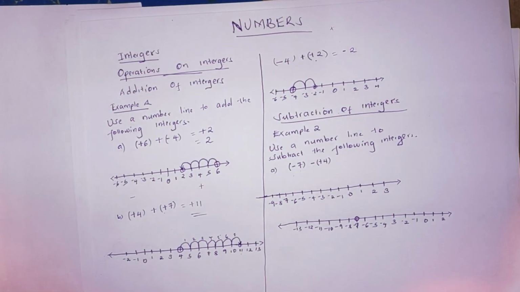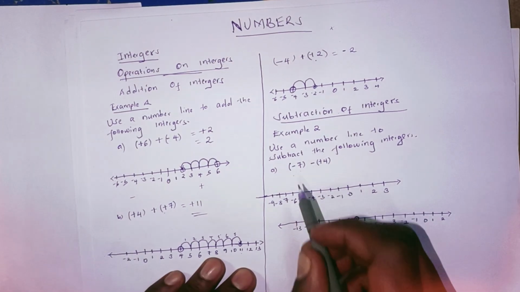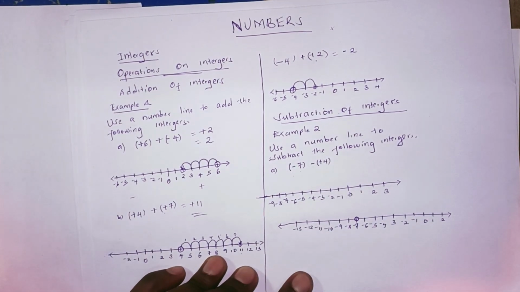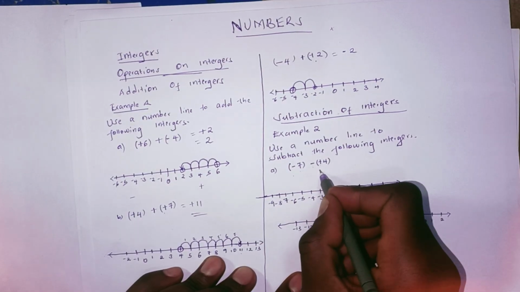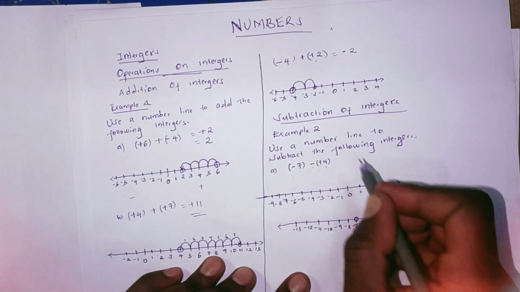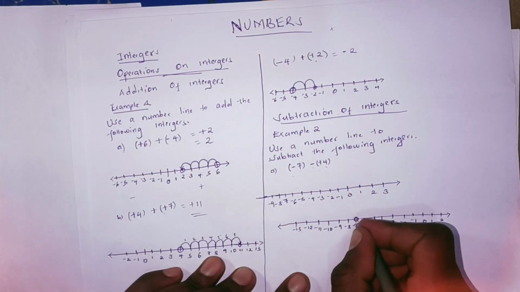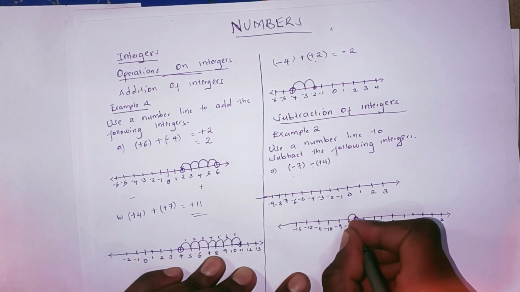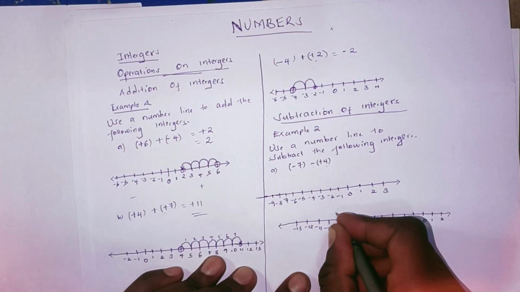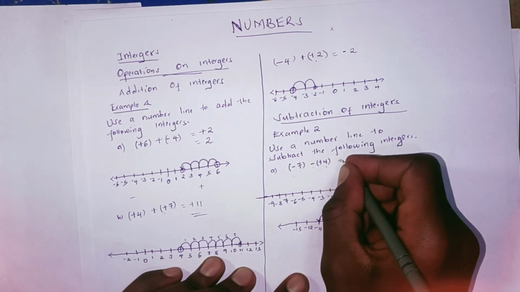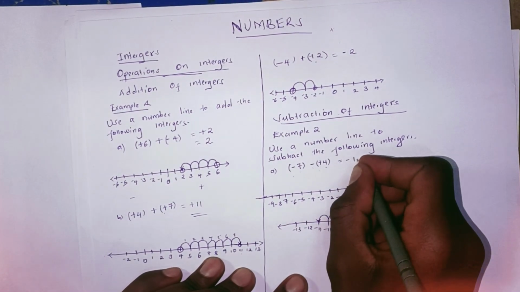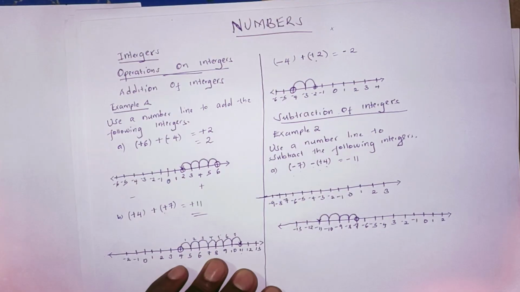When you have a negative, I'll have to move to the left, because negative times positive will always be negative. Negative steps, I'll move to the left. So I'll move 4 steps to the left: 1, 2, 3, 4. The answer here is negative 11. That's how we get that one.